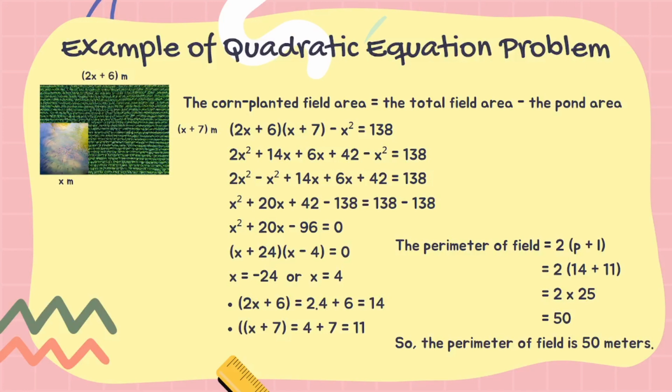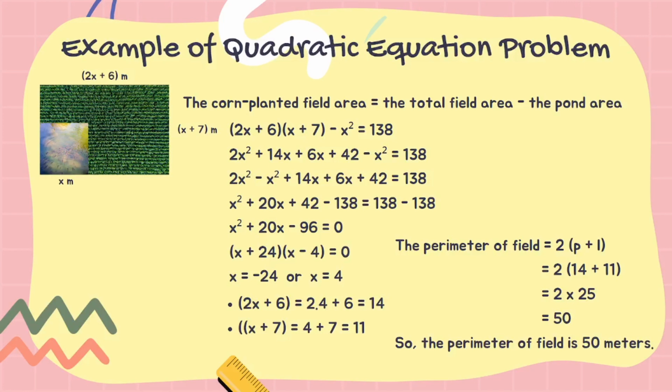Because the length of an area or structure has a positive value, we will use the value x equals 4. Then we substitute x equals 4 into the equations for length and width, and we will get 14 meters as length and 11 meters as width.